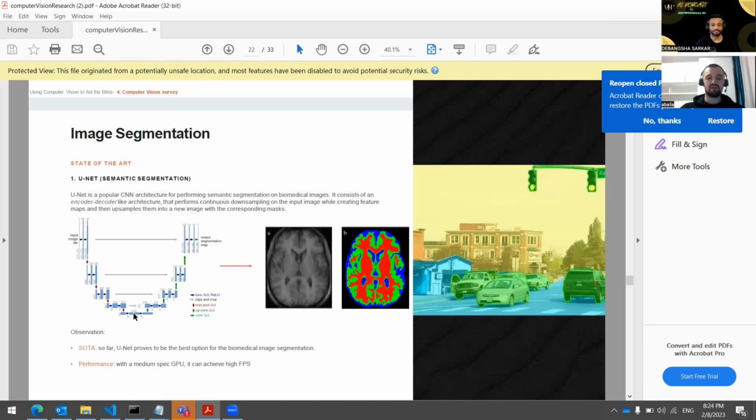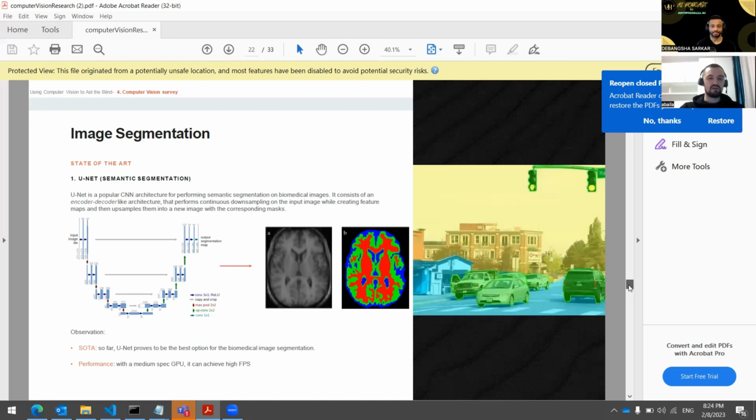So far, for biomedical image segmentation, UNet proves to be state of the art, or so it was at the time this presentation was made, but it's not too long ago, so it should still be the best in the benchmarks. And with a medium spec GPU, you can achieve really high frames per second. So it's a really, really good architecture to try if you're working with biomedical data.